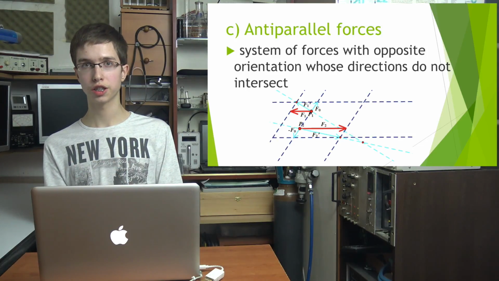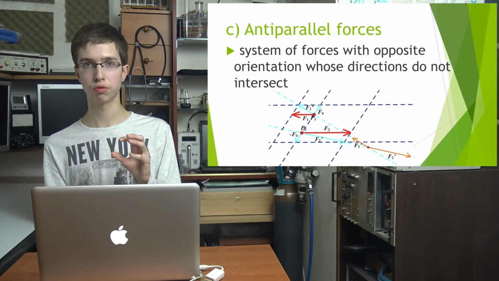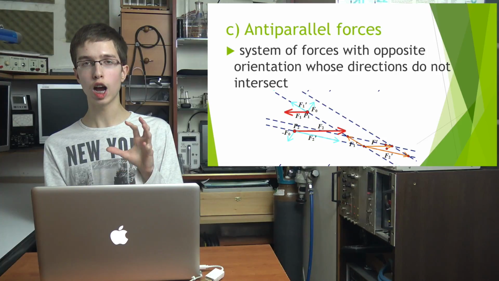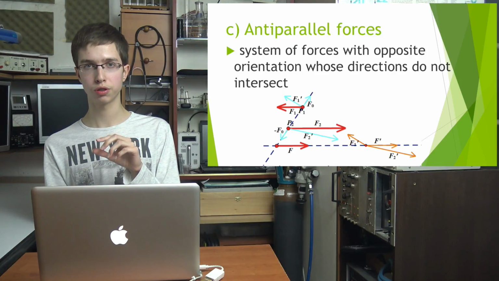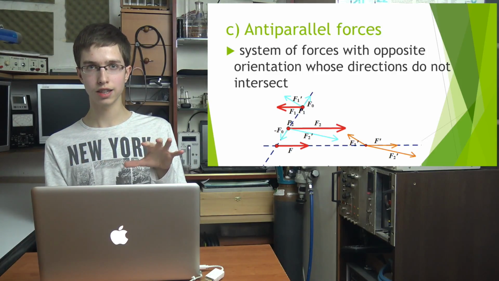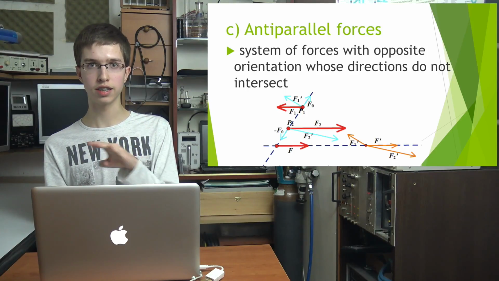Construct their directions, find their intersection, translate them so as to have the same tail, and sum them up to the vector F apostrophe. Now that vector F apostrophe we need to translate so that its tail is at the intersection of these two straight lines.